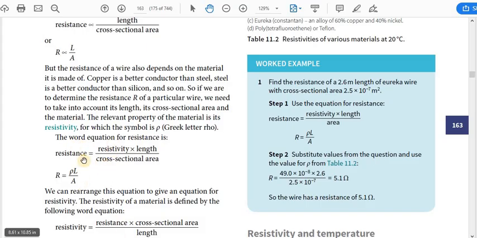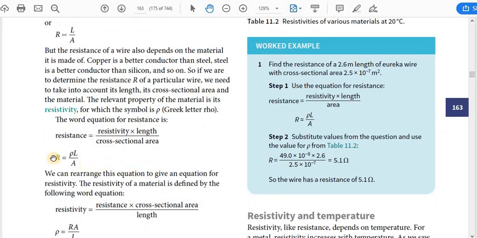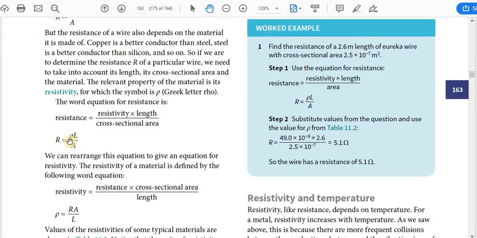Let's see what happens here. For a material, rho is constant. So if you have wires of the same cross-sectional area, same material, but longer length means greater resistance.